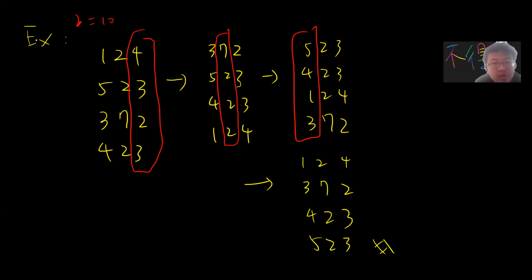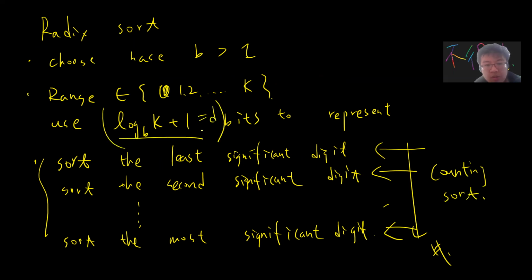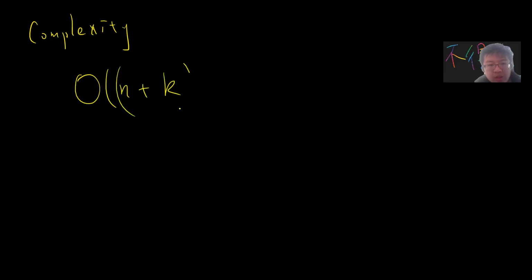For each step we use a counting sort. Let's call the number of digits d. Now let's count the complexity, which is very simple. Since we use counting sort, each step costs n plus k, but in this case the range is at most b.